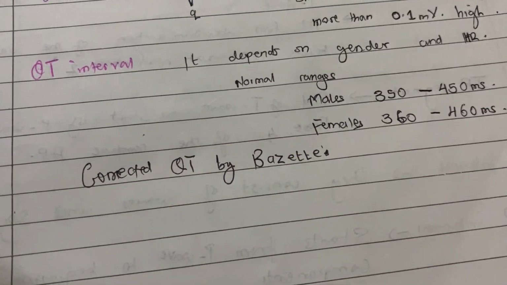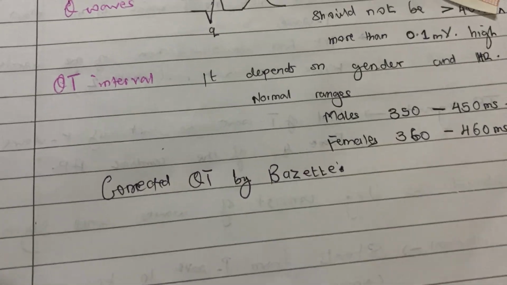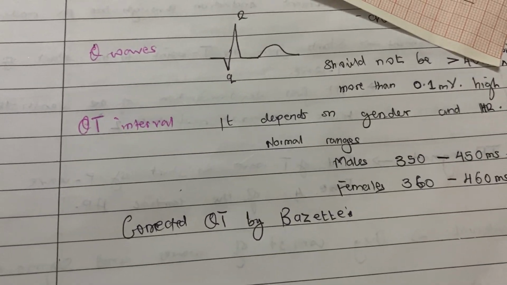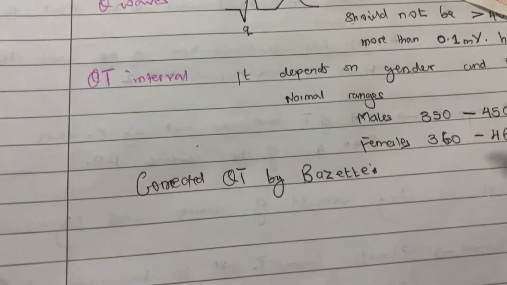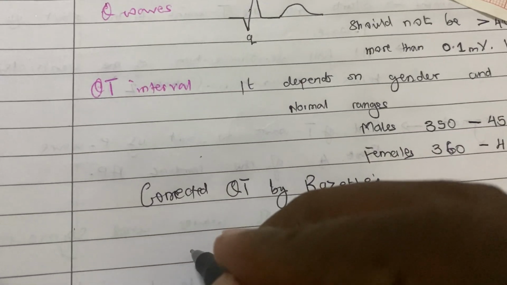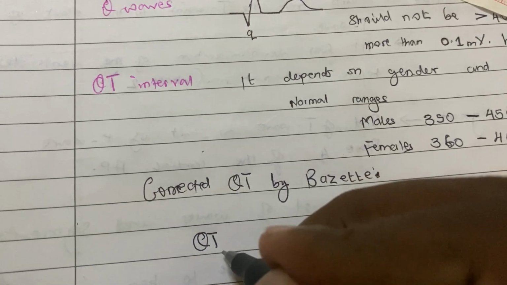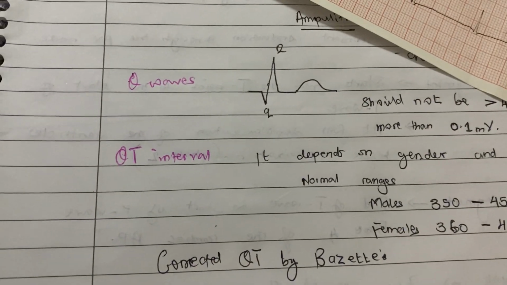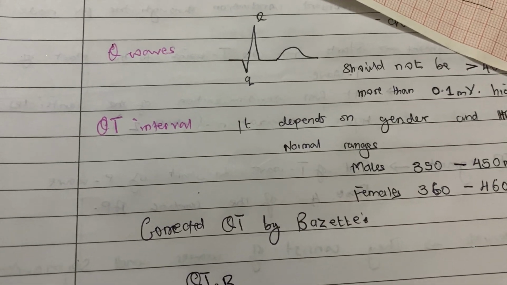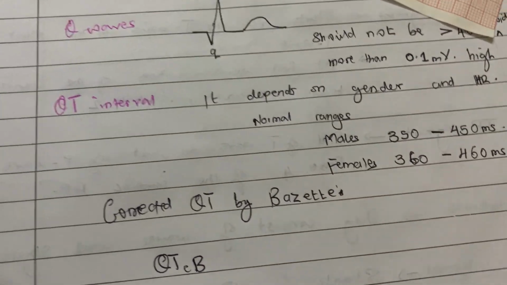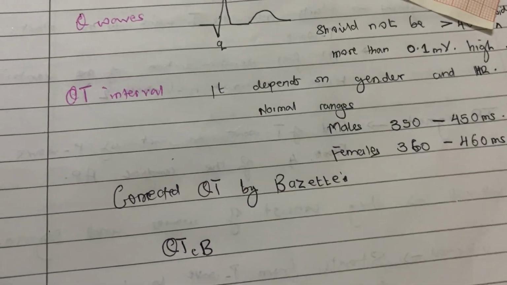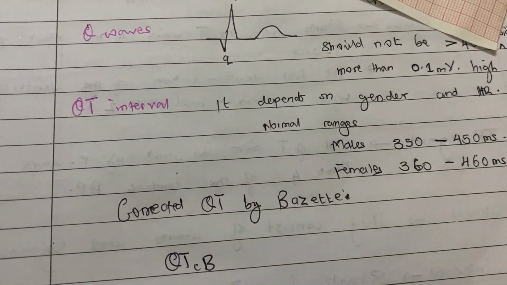With a faster heart rate, the QT interval is shortened, and with a low heart rate, the QT interval is longer. So we correct it. When you look at the ECG paper, we call it QTcB, QT interval corrected by Bazett's formula. The machine, depending on the setting, can calculate it, but we can also calculate it manually from this equation.